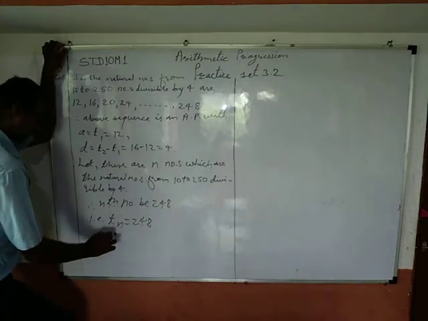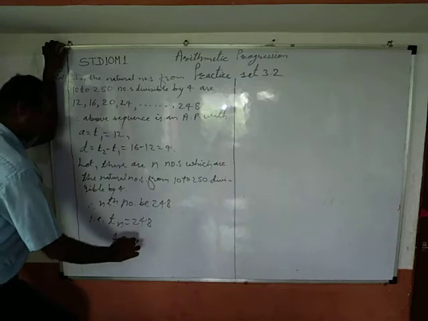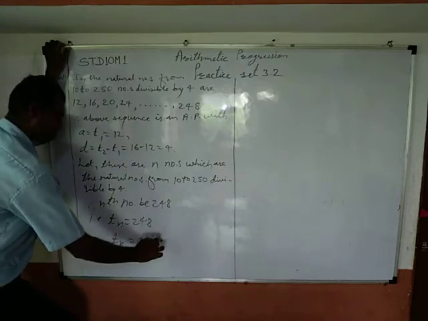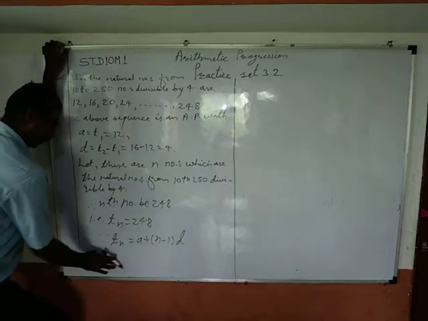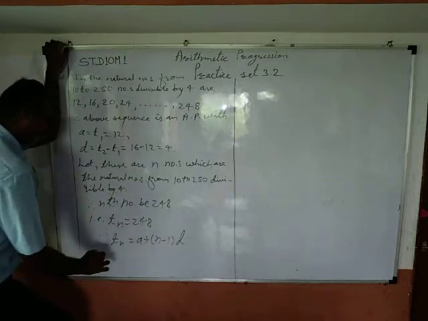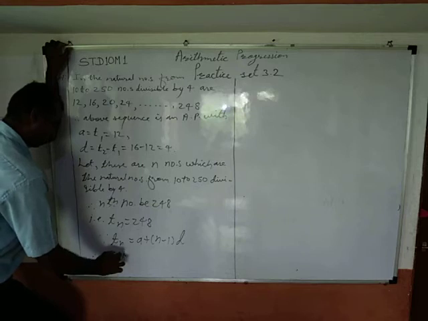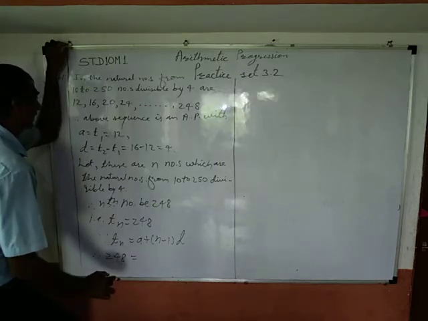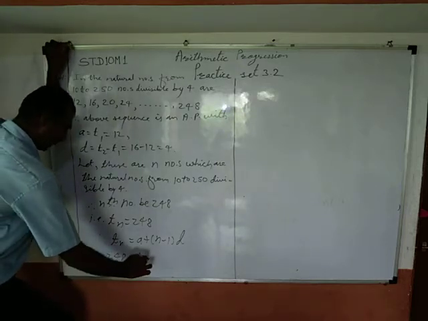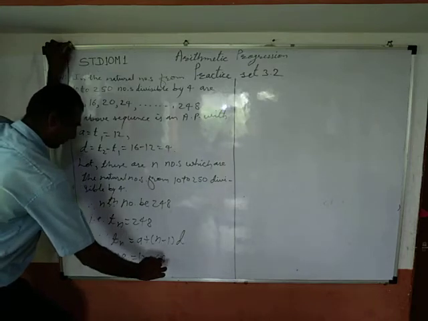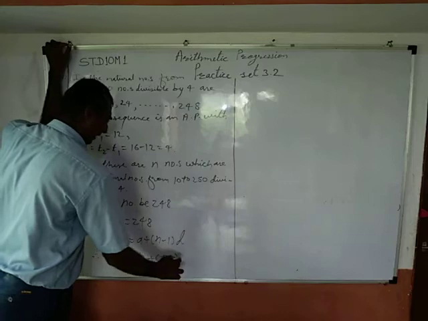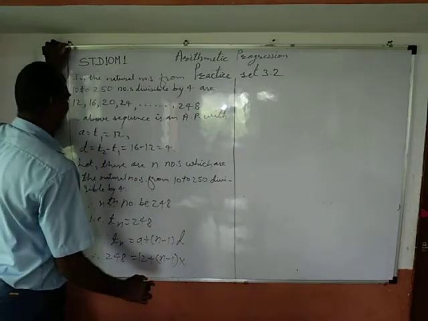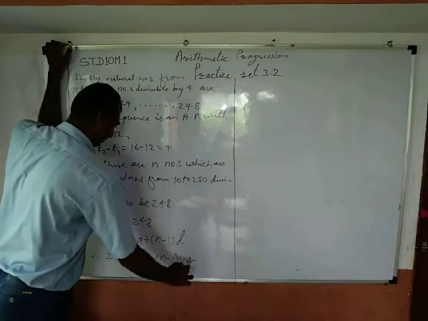Since Tn equals a plus (n minus 1) into d, here Tn is 248 equals the value of a, which is 12, plus, as we don't know n, let's write (n minus 1) as it is, into the value of d, which is 4.